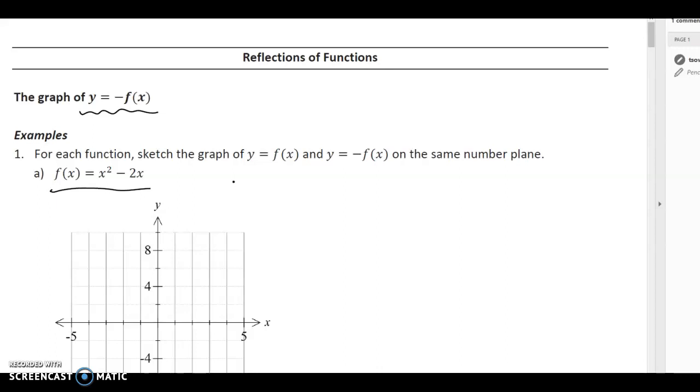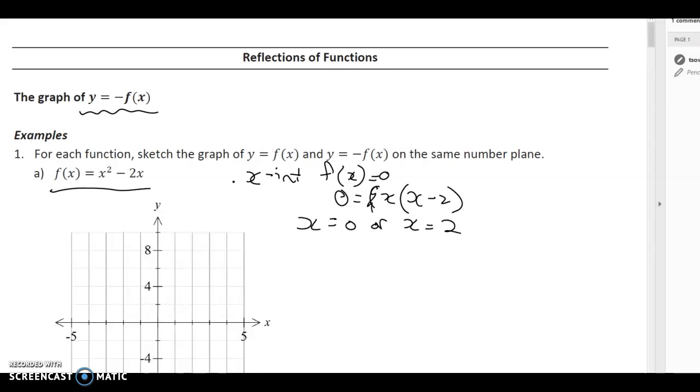In terms of trying to draw it, if we wanted the x-intercepts, they would occur at f of x equals 0. And so if you factorize that, you're going to get 0 equals x outside of x minus 2, which means that the x-intercepts, x is going to be equal to 0 or x is equal to 2.